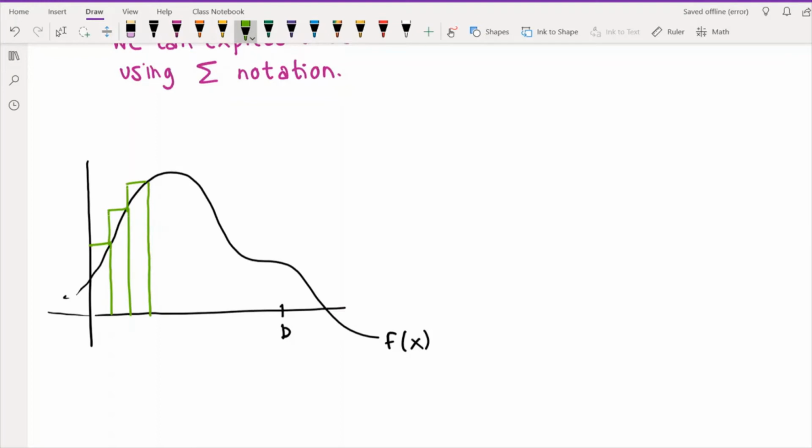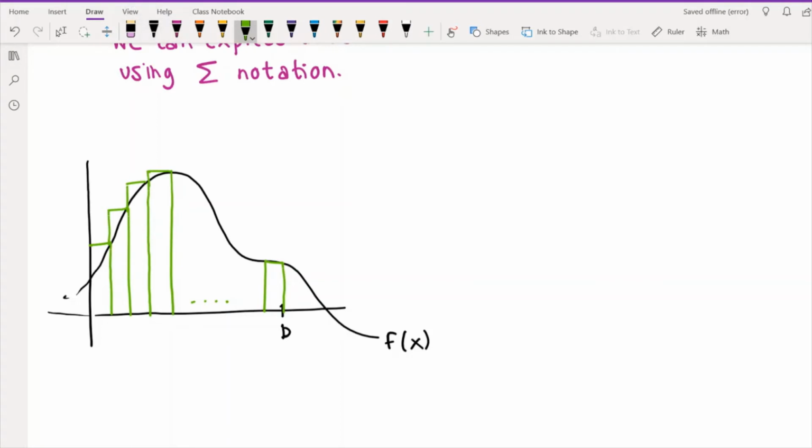I'll do one more. And then we have dot, dot, dot, and then I'll do one over here. The reason I'm being vague and doing this dot, dot, dot business is because we're going to be taking a limit, and I don't want you to be focused on exactly how many rectangles are here. Let's just imagine that we have n rectangles, right? We have any number of rectangles in this picture.